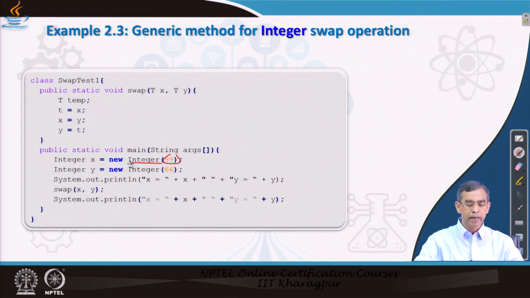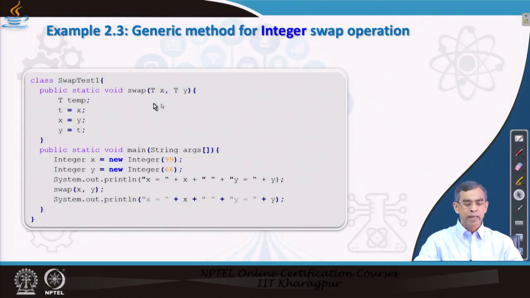So, this object is of type Integer, and x is an object of type Integer. Whenever we pass it, because this parameter T is not a primitive type like int, float, double, char, it should be an object type. That is why we convert this integer value to its class type and then pass it. For example, swap x y, here x is an object of type Integer, y is also another object of type Integer, then call the swap, and this way this method will work for you.